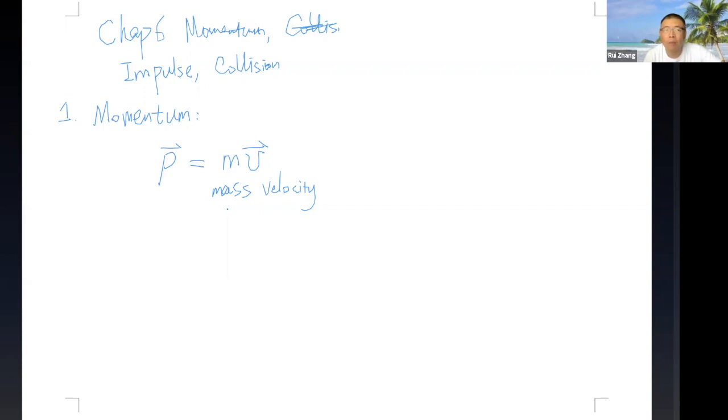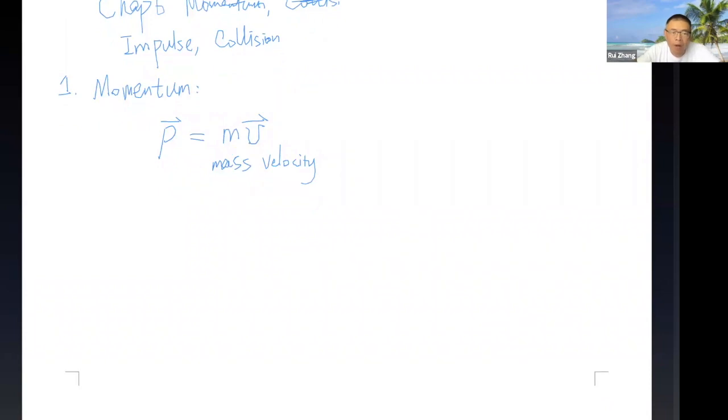I don't play football, my son plays football a little bit. If you collide with somebody else moving at the same velocity, you feel the impact is bigger if the person is heavier, and that's exactly because there's a bigger mass here. So mass times velocity, okay?